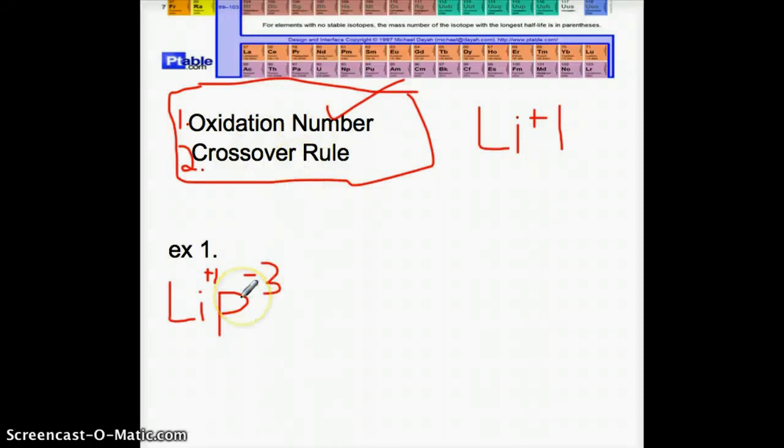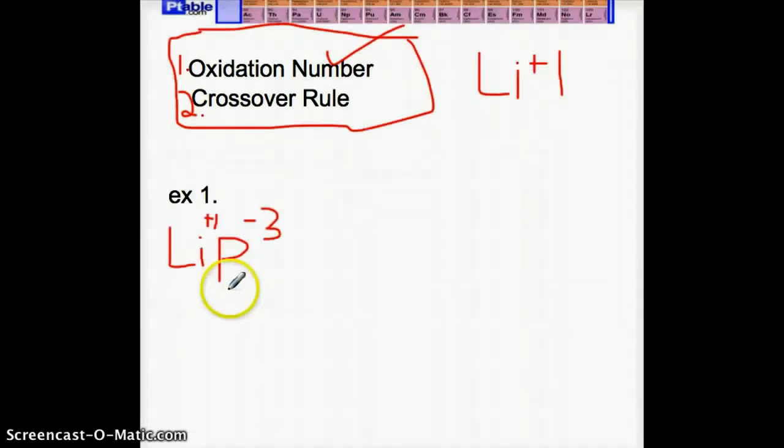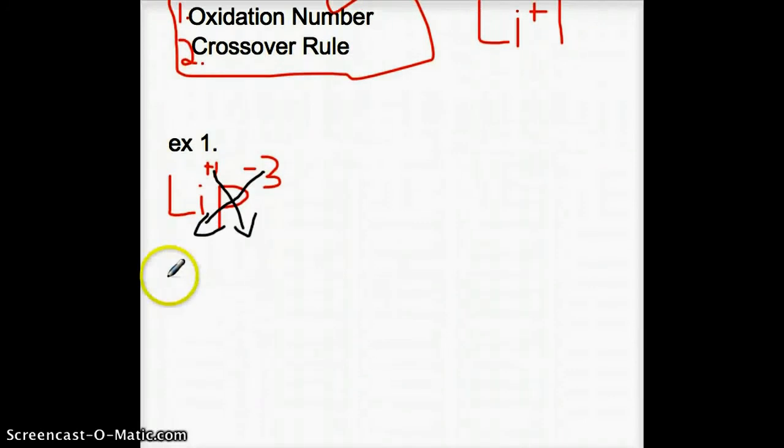The crossover rule is done exactly as it is said. Basically, you take the charge of lithium, or any other element, and cross it over to the right side of the non-metallic element. Then you take the charge on phosphorus, which is -3, and cross it over to the right side of the metal, in this case lithium.